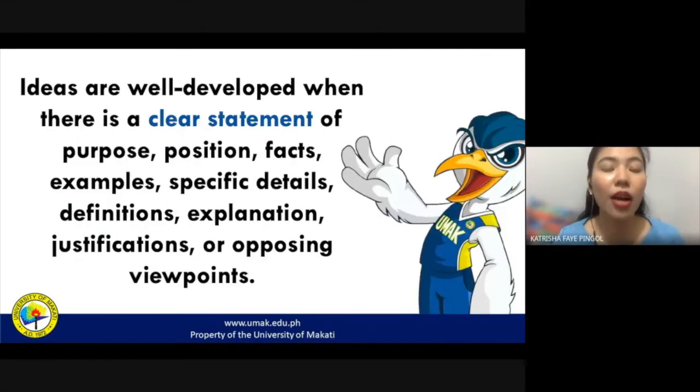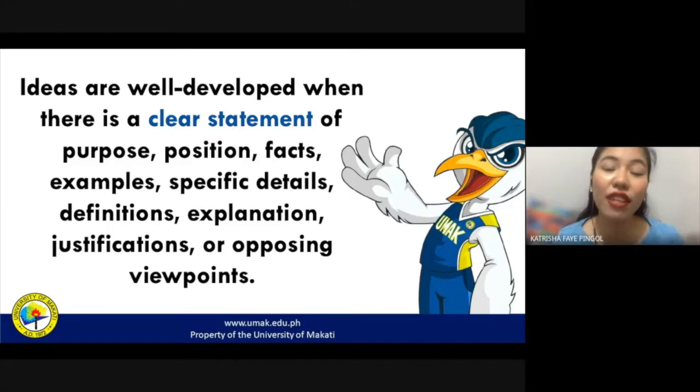Okay. Now, ideas are well developed when there is a clear statement of, like what I have mentioned earlier, a purpose, your position, what exactly are the ideas standing up for? Facts, is the text presenting facts? Is it giving out examples? Are there specific details that will support all of these statements? Is there a definition or are there definitions?